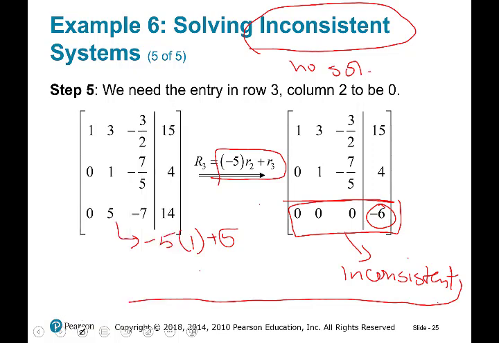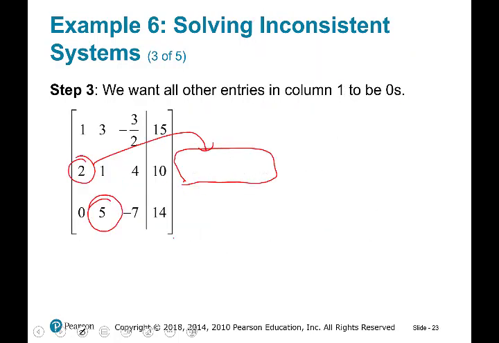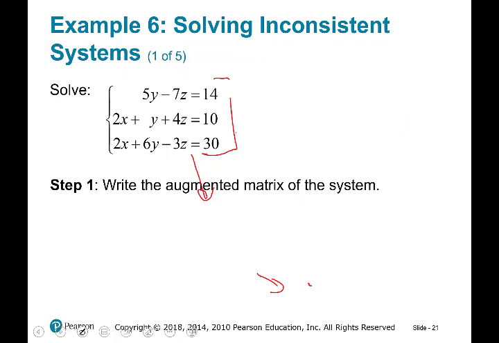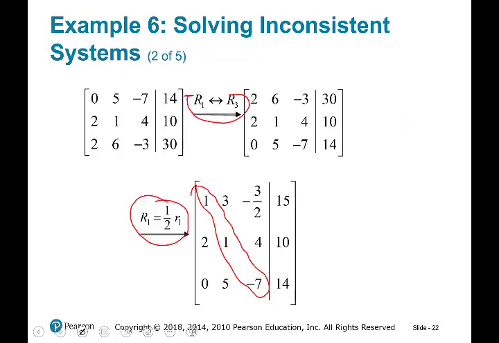Let me go back to dependent system. Here we have a dependent system with an infinite number of solutions. We're going to jump later to section 3.5 to work with a tool that we have to determine the type of solution that you get with matrices.